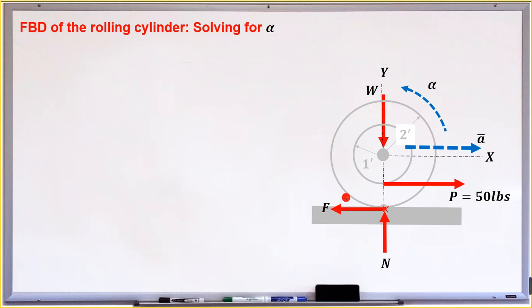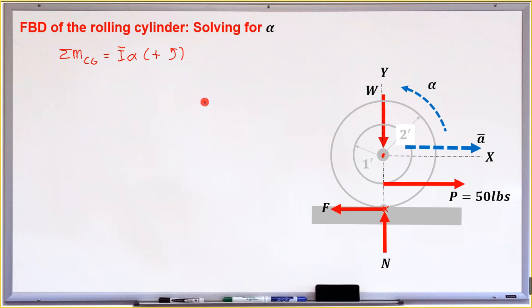Therefore, we're going to stick to our original kinetic equation, which is the summation of moments about the center of gravity of this rolling cylinder. So the summation of moments at the center of gravity is equal to the centroidal mass moment of inertia of our rolling cylinder times its alpha. We take positive if that force would cause a counterclockwise rotation, because that is also the direction of our alpha.